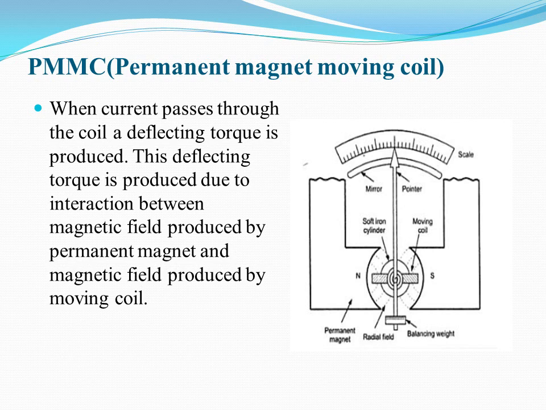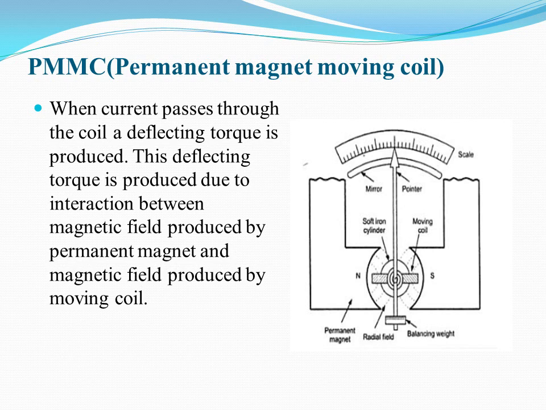It shows a permanent horseshoe magnet with soft iron pole pieces attached to it. Between the pole pieces is a cylinder of soft iron which serves to provide a uniform magnetic field in the air gap between the pole pieces and the cylindrical core.